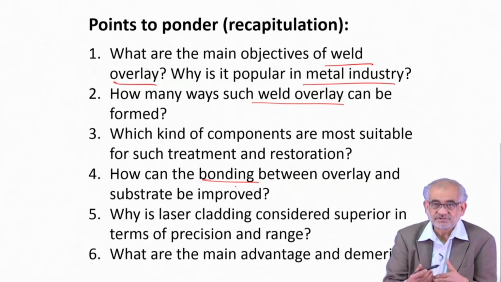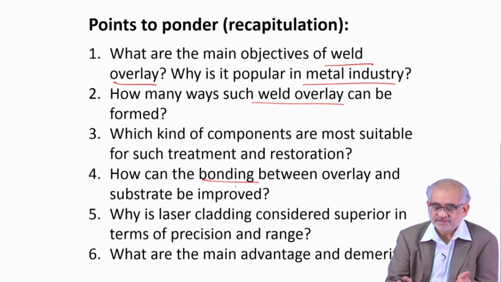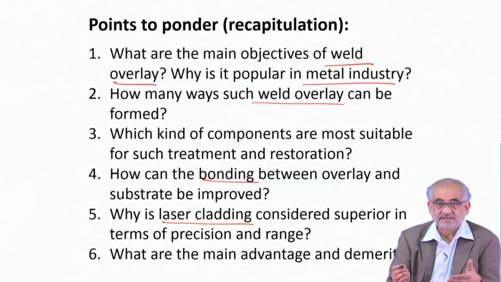Because of this compositional gradation, the amount of brittle phases that you form would be reduced, and hence as a result you can have a better bonding between the coating and the substrate, overlay and the substrate. So laser cladding is one technique out of all these that we discussed, is extremely precise and useful and can take care of almost all kinds of solids for creation of overlay.